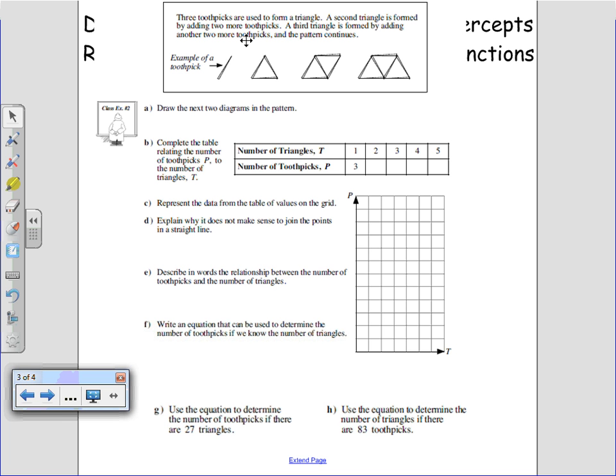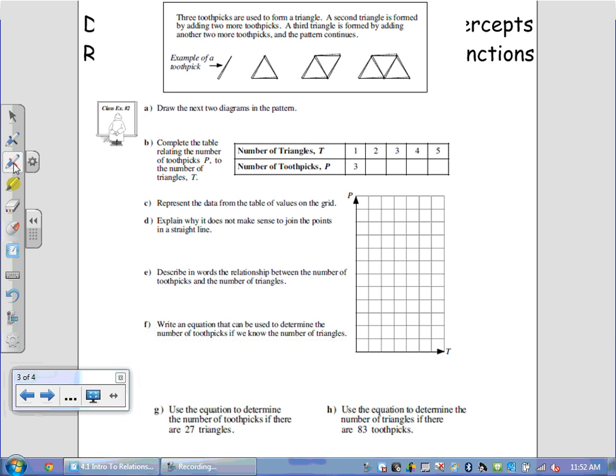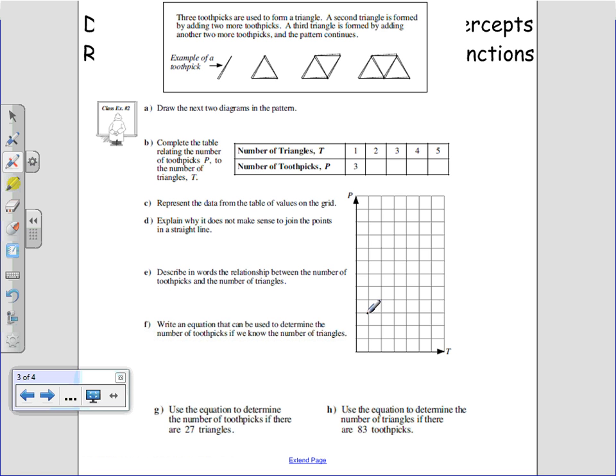Sorry, your t is your number of triangles, your p is your number of toothpicks. So go ahead and graph it out. If you did this properly, the first triangle took three toothpicks. So you'd have a dot here. Second one took 5. Third one took 7. And so on.